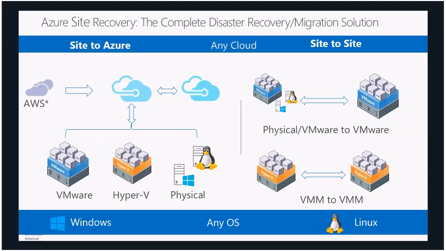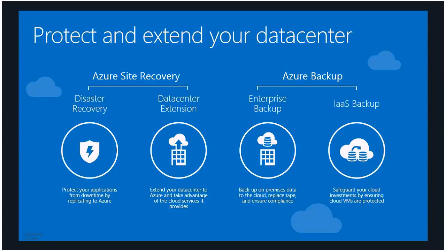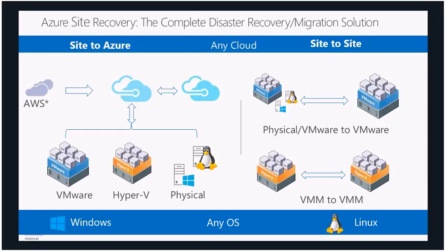So really, Azure Site Recovery gives us a complete DR solution. Not only does it support multiple types of environments, like we discussed, Hyper-V, VMware, and physical environments, it also supports Windows and Linux OSs. In fact, it even works with other cloud providers like AWS.